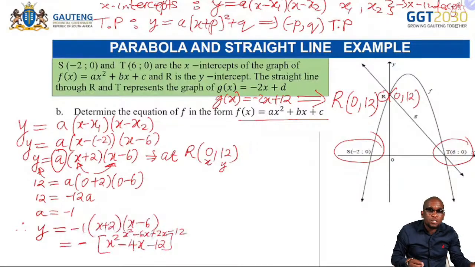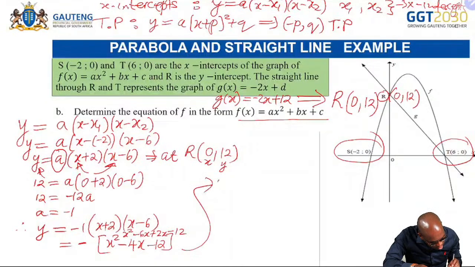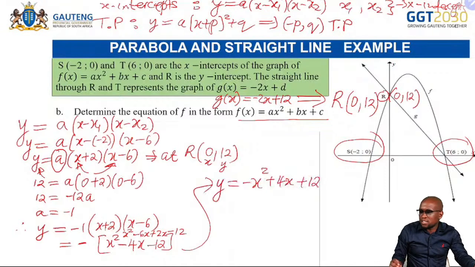That's where I got negative 4x. It's minus 6x plus 2x. Y would be equal to, I can then distribute the negative, minus x squared plus 4x plus 12.